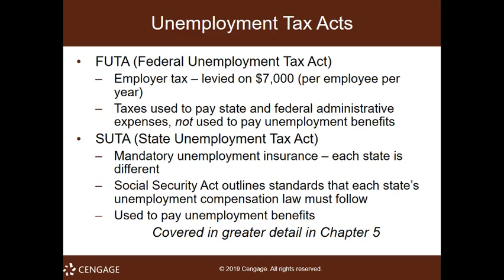These taxes that are paid to the federal level are used to pay for the state and the federal administrative expenses of the unemployment division. They are not used to actually pay the unemployment benefits. So the checks that you get do not come from the amount that is given to the federal government.